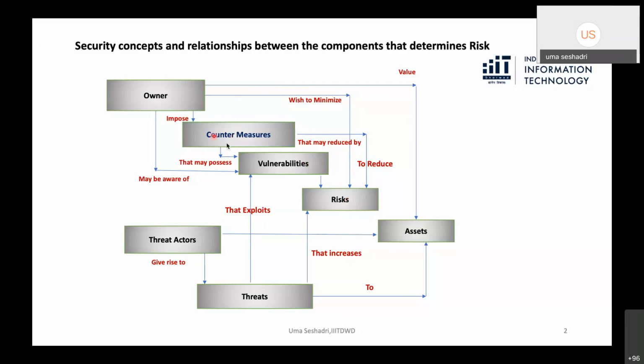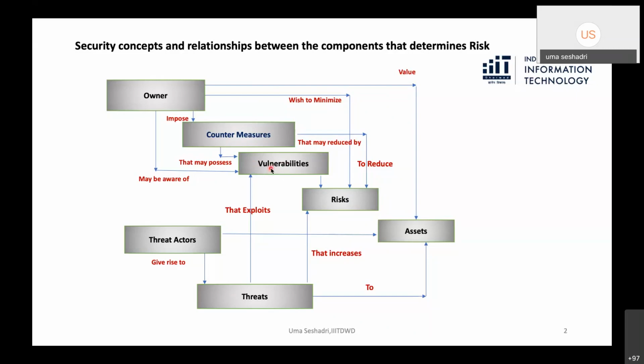So your countermeasures are nothing but security controls. They are nothing but various tools and techniques to identify and minimize the risk happening because of the vulnerabilities. So we also assume here that no system, no individual can be 100% free from these weaknesses, these vulnerabilities.